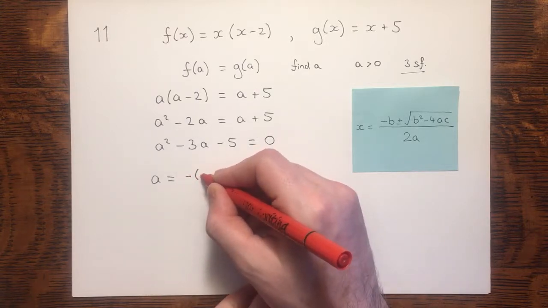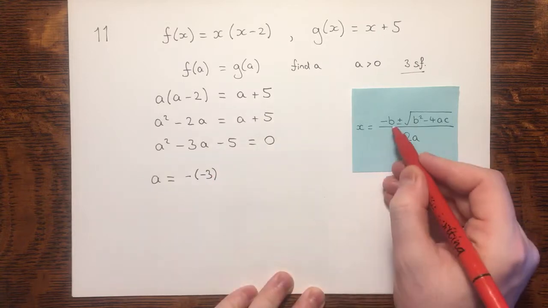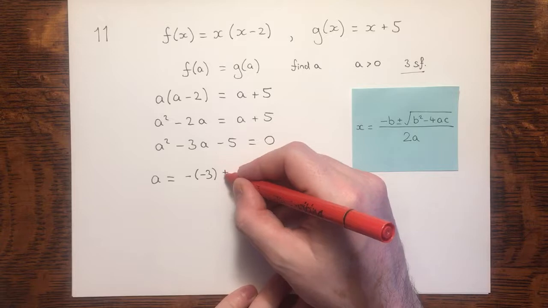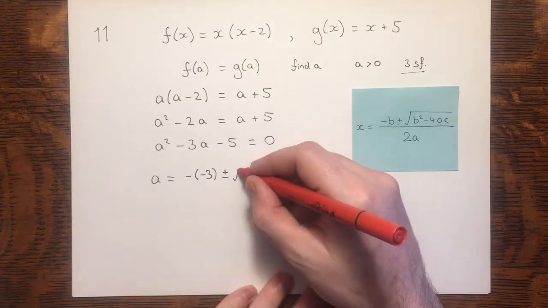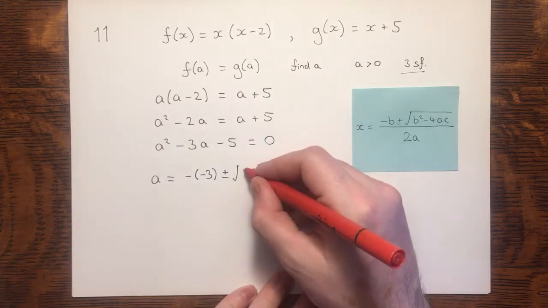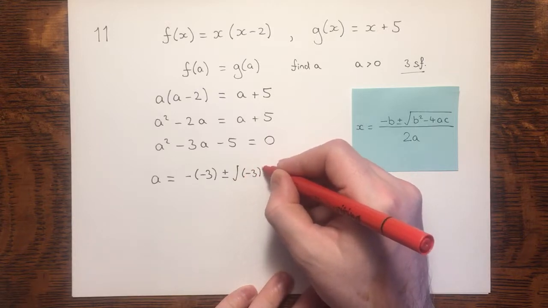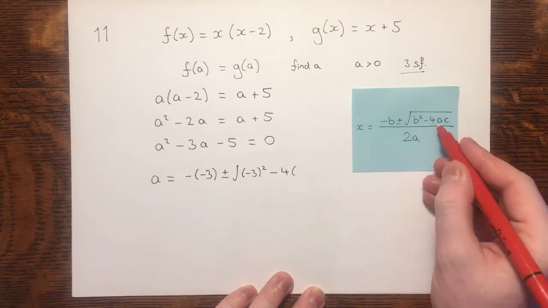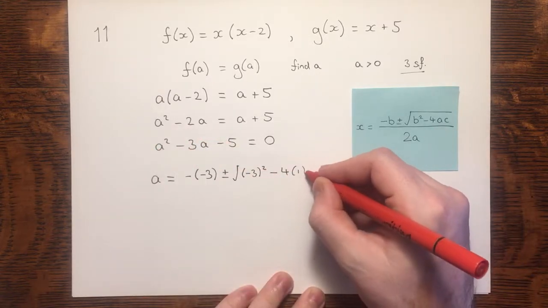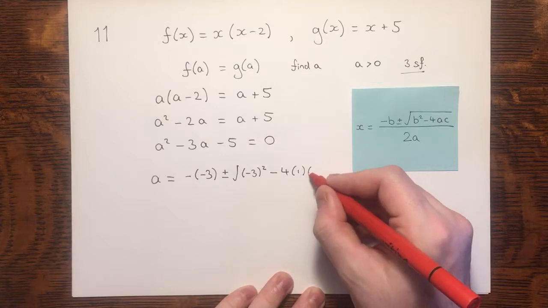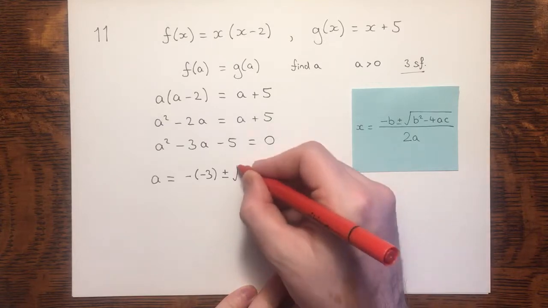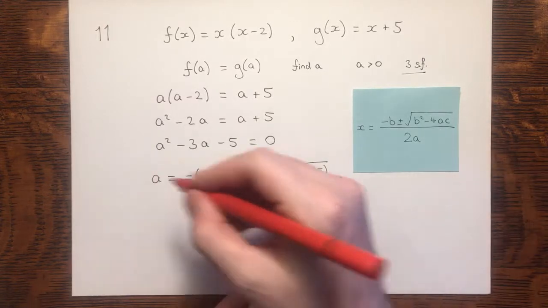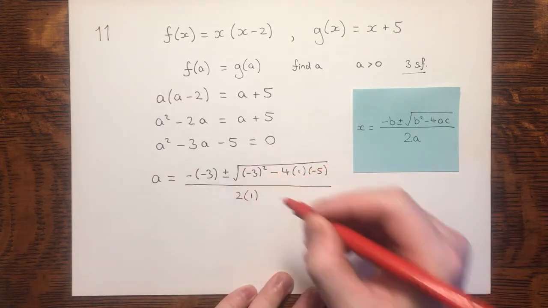So, minus b, minus minus 3, plus or minus the square root of, again, I've got b squared minus 4 times a, and that's the coefficient 1, c, and that's the constant minus 5. And that's all divided by 2a, or 2 times 1.